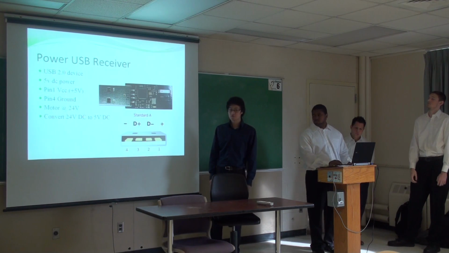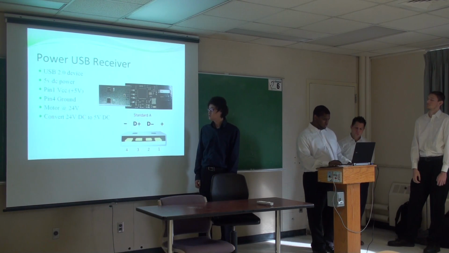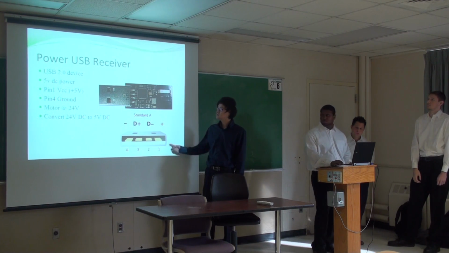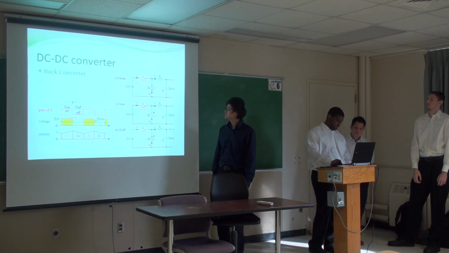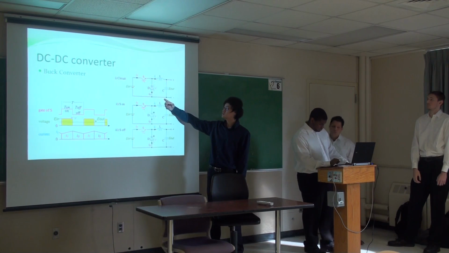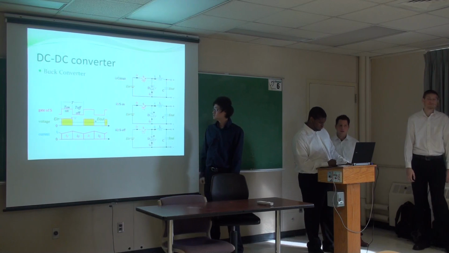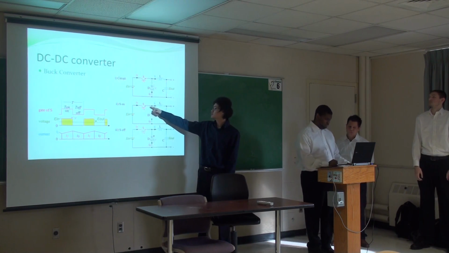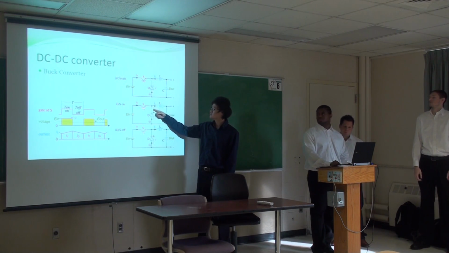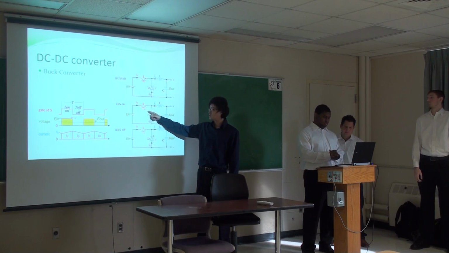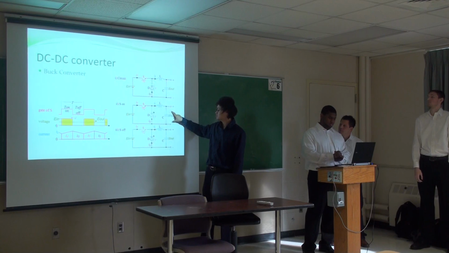But our motor is working at 24 volt DC, so we need to convert the 24 volt DC to 5 volt DC. So this is a picture of a DC to DC converter. This is called a buck converter. So we use a switch to control this circuit. When the switch is on, the current goes through the switch and then to the load.